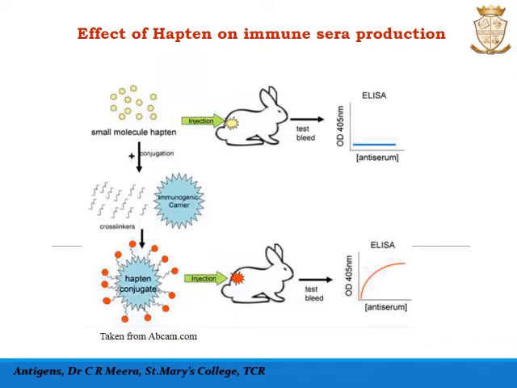If we combine the haptens to carrier molecules, like protein carrier molecules, and inject them to lab animals, a considerable increase in antibody production can be observed. It means binding of haptens to suitable carrier molecules makes them complete antigens and they become immunogenic.